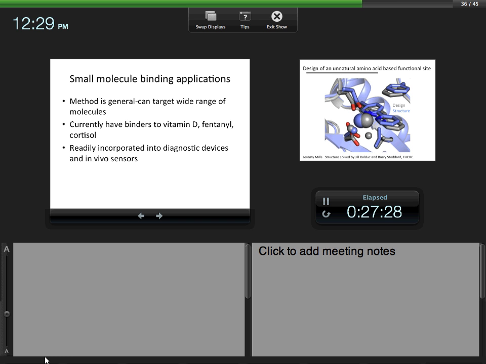People here might be interested in them as sensors for metabolites that you might want to produce by metabolic engineering, and we have some interesting binders for compounds like that. So I'm very interested in collaborations on everything that I talked about, but this might be an interesting area.